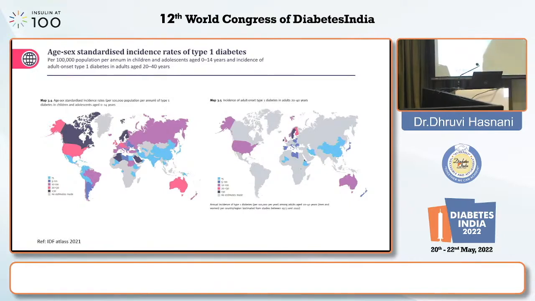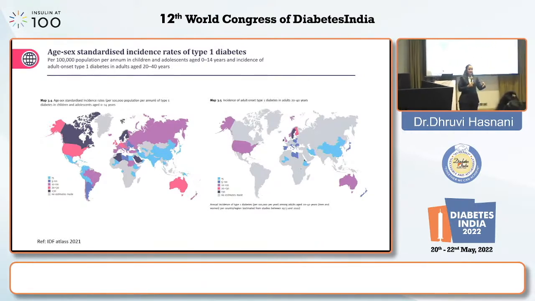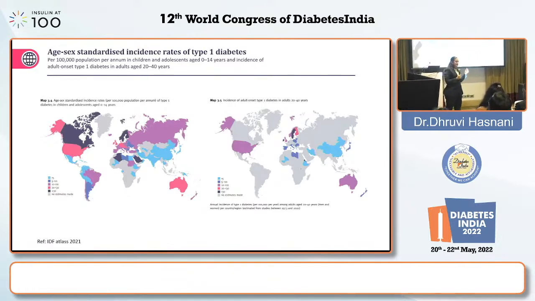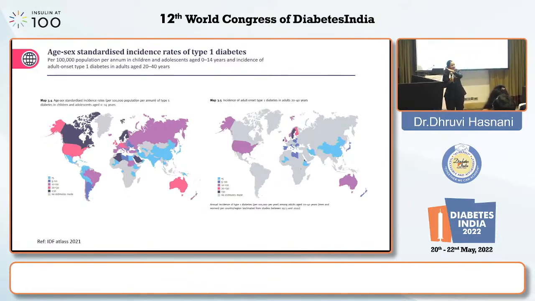All of us involved in research or epidemiological studies know that we need previous data, a long prospective data, to understand where we are standing. So this is one of the important reasons why we need an Indian registry for pediatric diabetes. Now I'm not focusing on type 1, I'm saying pediatric diabetes per se.